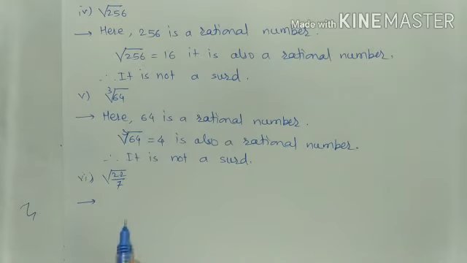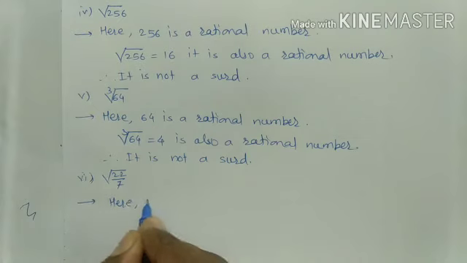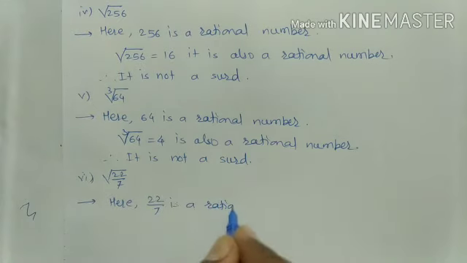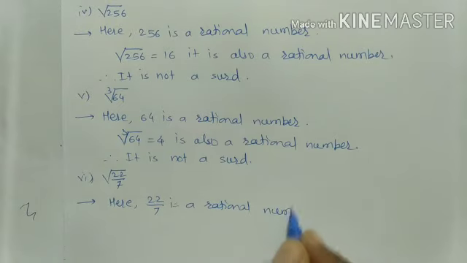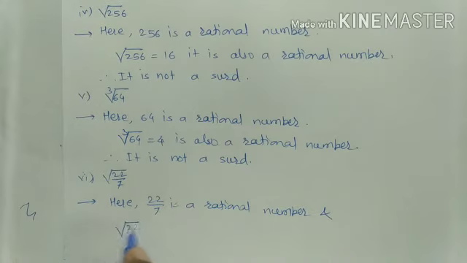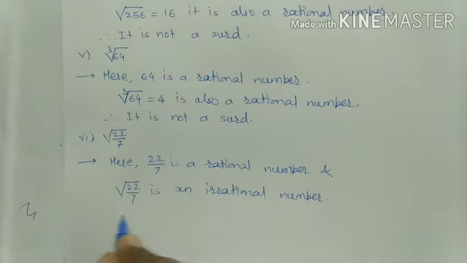Here this 22 upon 7 is a rational number, and the square root of 22 upon 7 is an irrational number, and therefore the square root of 22 by 7 is a surd.